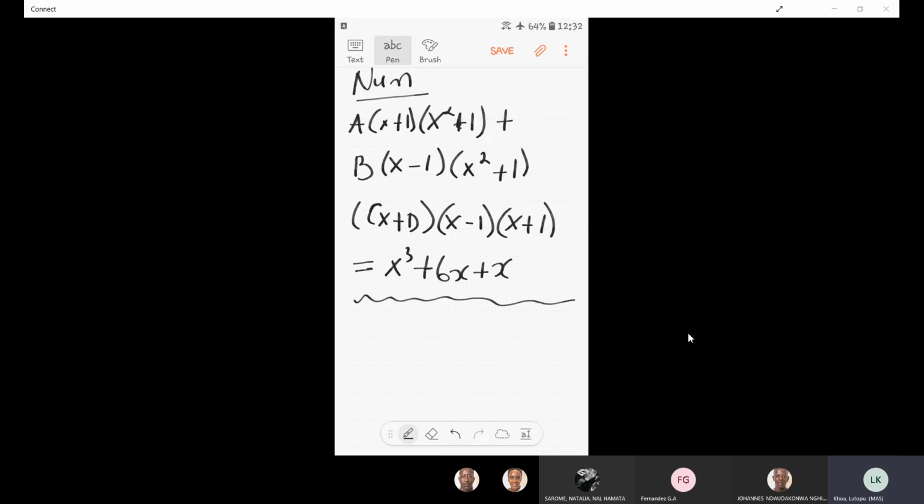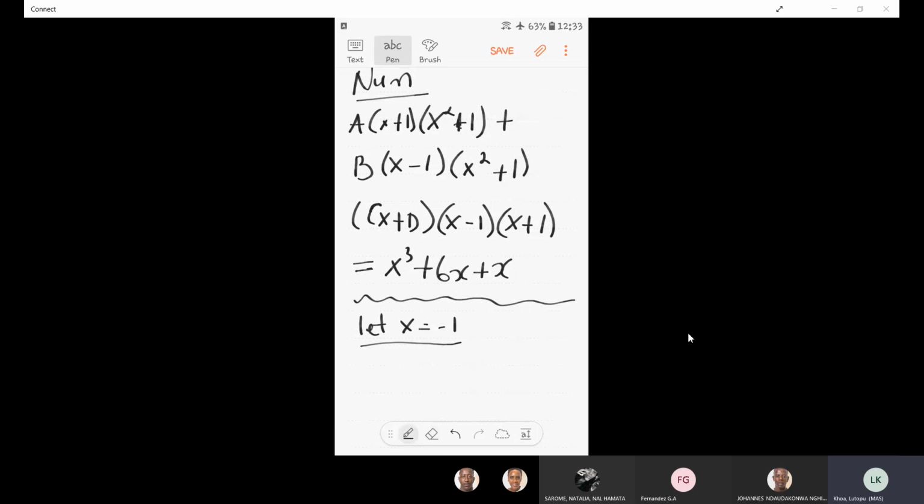Okay, so I see that if I let x equal to minus 1, this term over here with a will disappear, and this term here with c and d will disappear. Then I can solve for b. So the x plus 1 term will disappear.